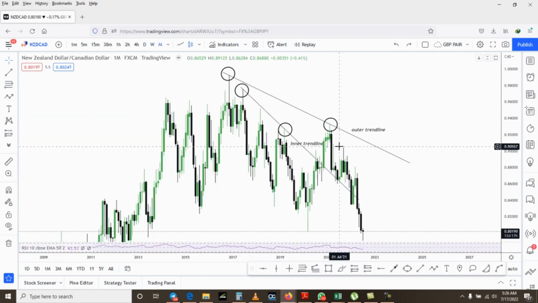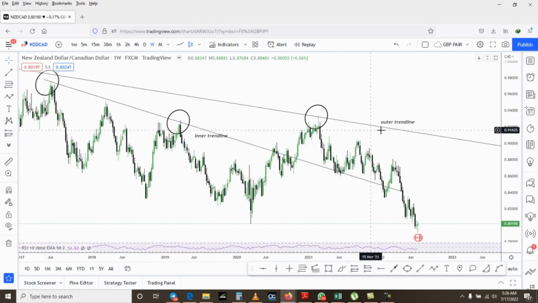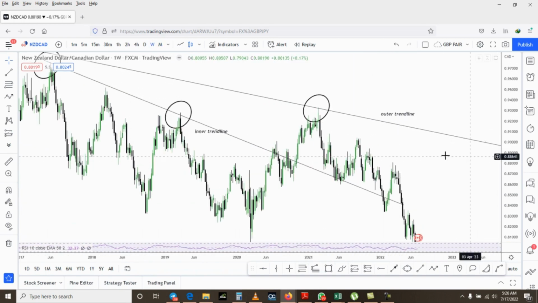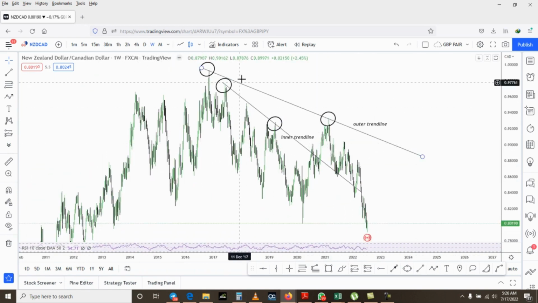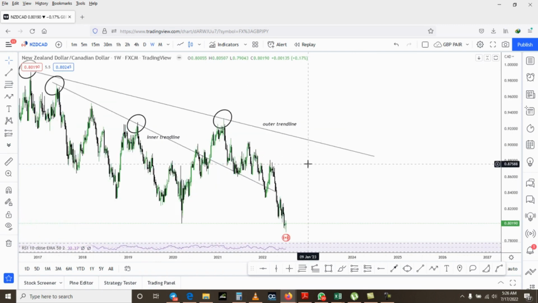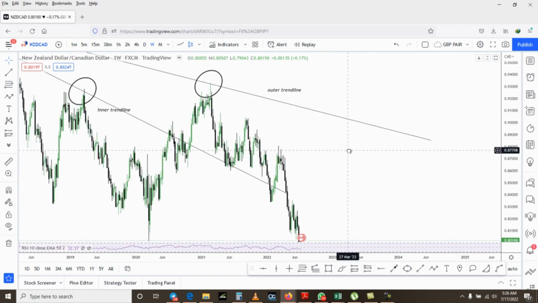Let me bring this back. Okay, so now let's scale down to the weekly time frame. Now you can see this line all coming from the monthly time frame. Okay, so now we scale down to the weekly time frame.